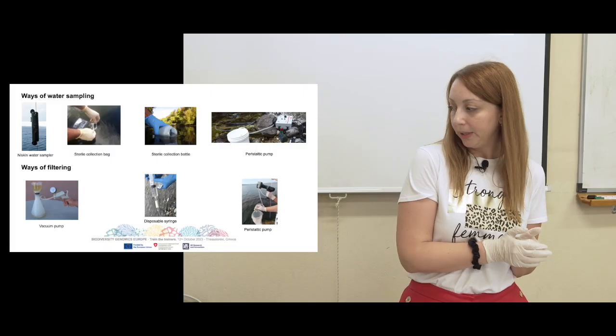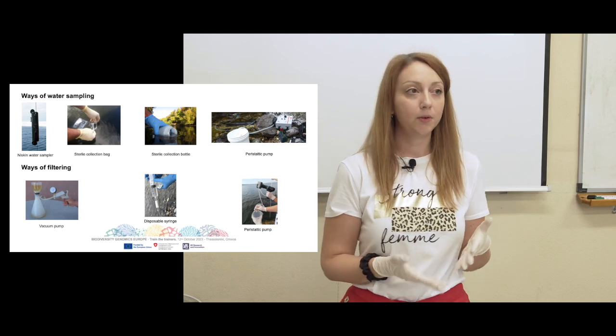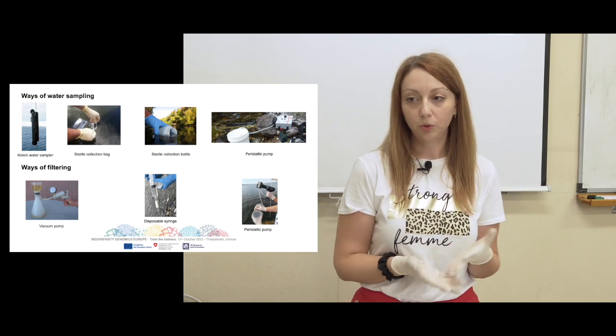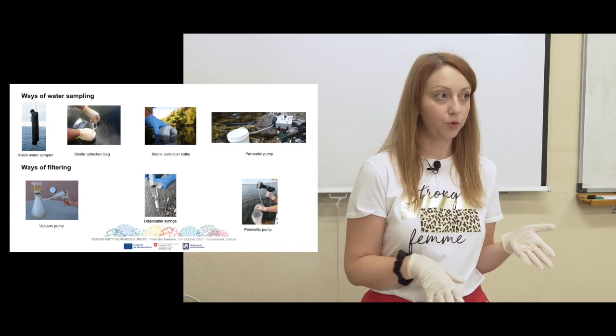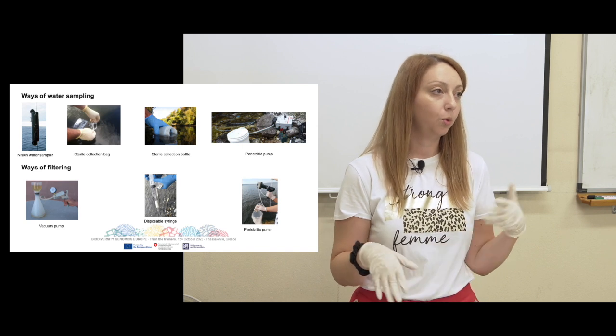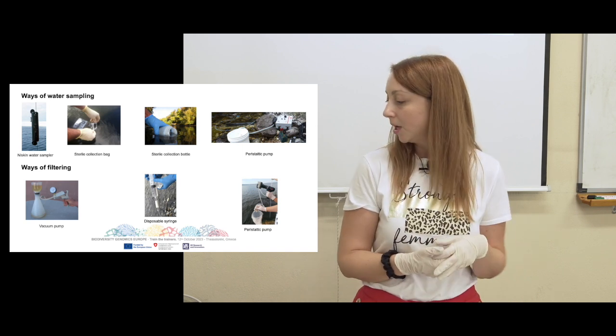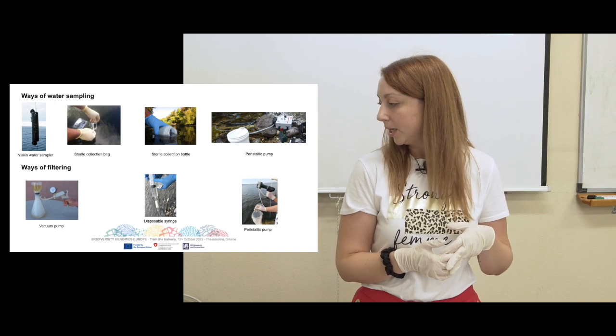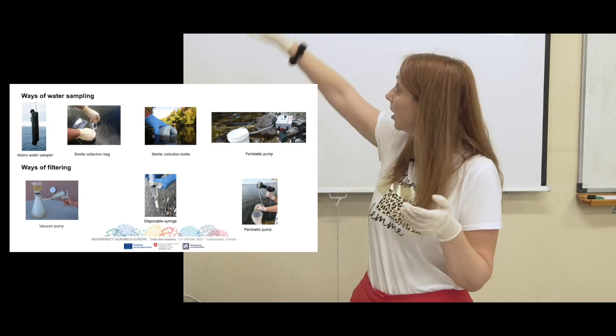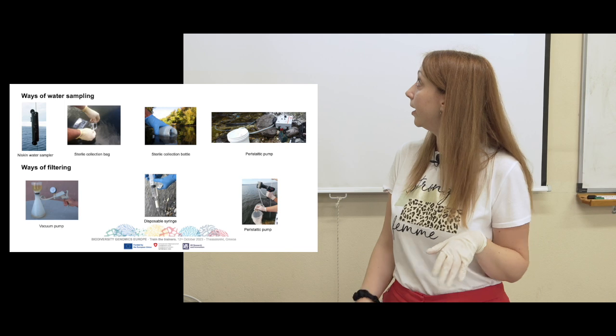Ways of water sampling. Depending on what we want to do, there are different approaches. If we need to take samples from deeper depths, maybe we can use the Niskin water sampler, which is the first one that we can see there.